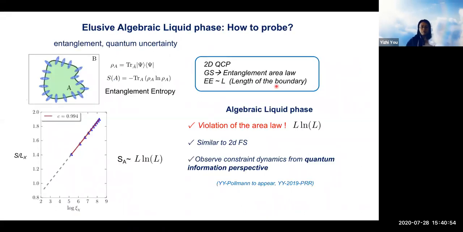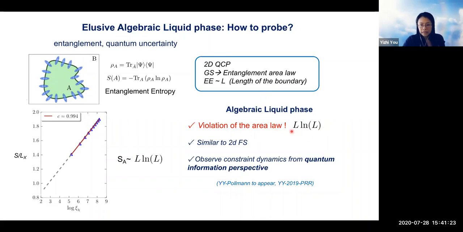Another exotic feature at the quantum critical point is its entanglement entropy. Different from 1D, for 2D quantum critical points, most of them have entanglement that still obeys the area law. So the entanglement is proportional to the perimeter of the boundary of the subsystem. However, for such a quantum critical point, which has the form of a dipole liquid, we find an entanglement entropy which violates the area law constraint.